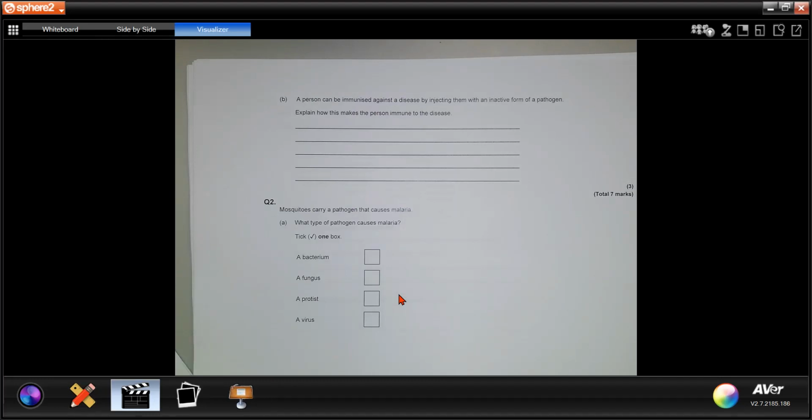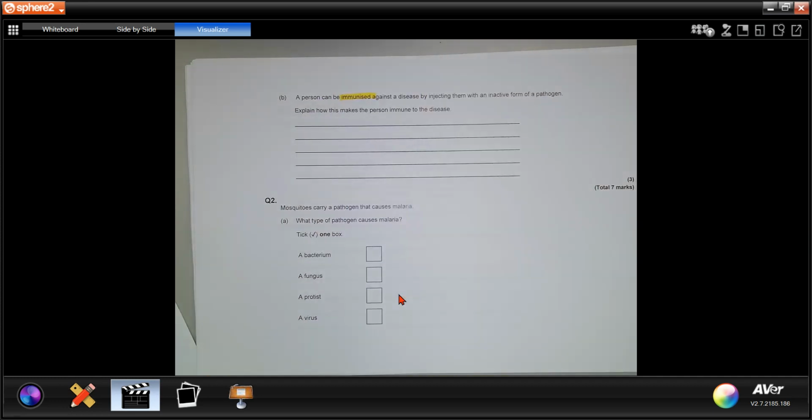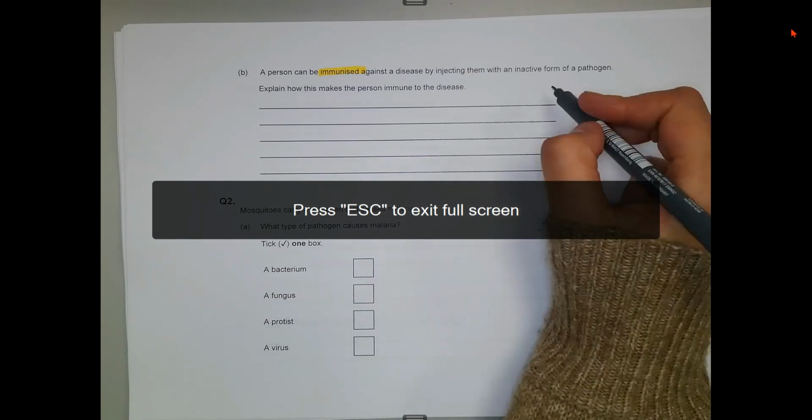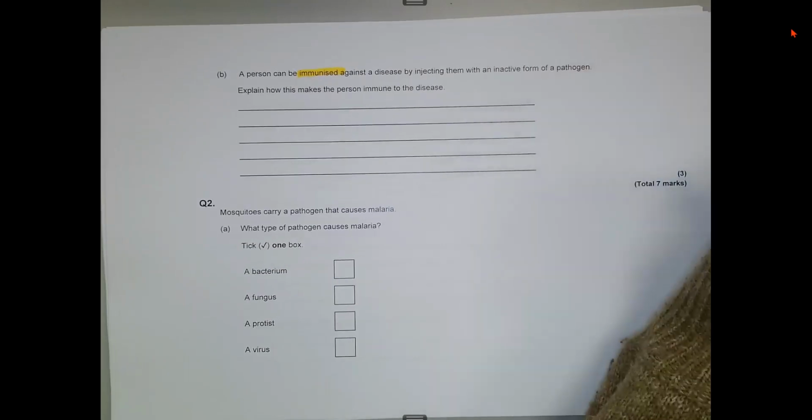B, a person can be immunized against a disease by injecting them with an inactive form of a pathogen. A person that is immunized, they have immunity against this disease. They have the immune cells that will fight and kill the bacteria, so they survive. Injecting them with an inactive form of pathogen, we know this is how vaccinations are formed.